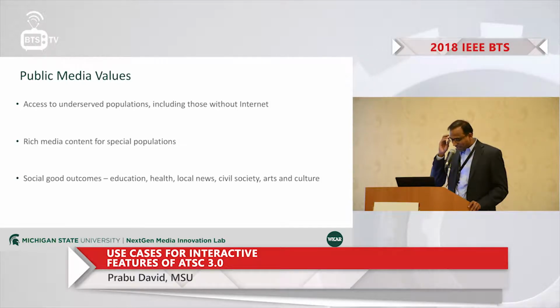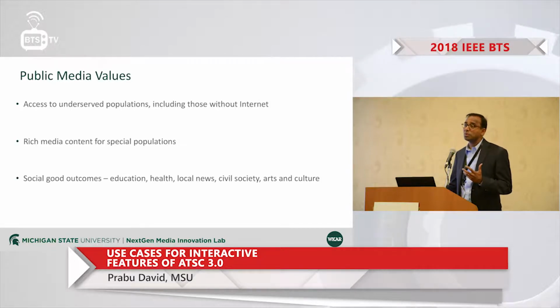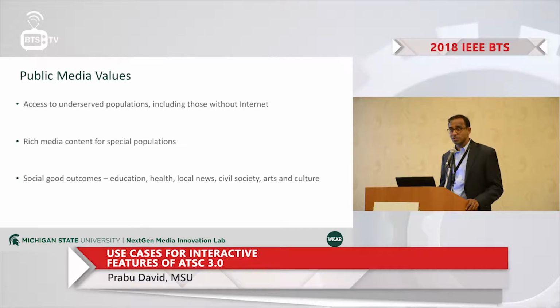I'm going to emphasize maybe 2 or 3 other values that are important for any democratic society. One is access to underserved populations, including those without the internet. So if you think about folks who are out there in rural areas or even urban poor who don't have access to or have not turned on the internet, how do we reach these folks?